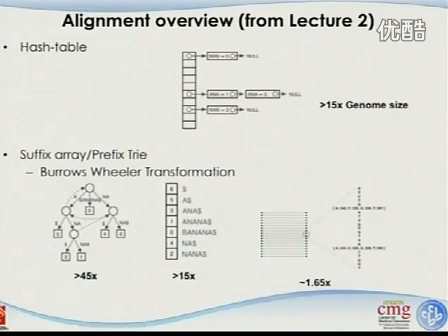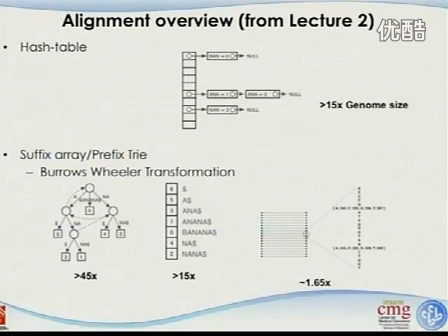Okay, let's go to the sequence alignment part. This is a slide from lecture 2, right? Just a very brief summary of the alignment algorithms in general, and what categories they fall into. The first one is a hash table-based strategy, where we make dictionaries of the human genome, quickly go through them, and do Smith-Waterman or dynamic programming to find the remaining part of the reads, if you still remember that.